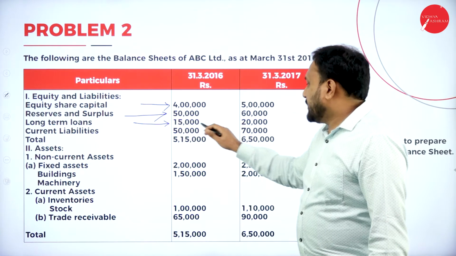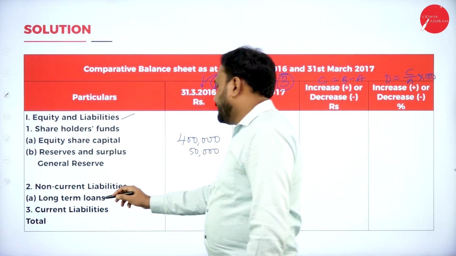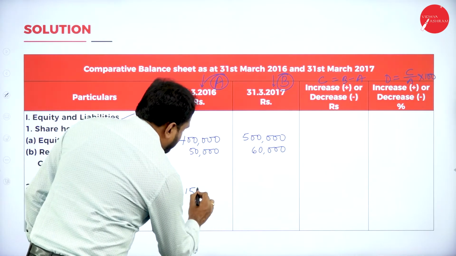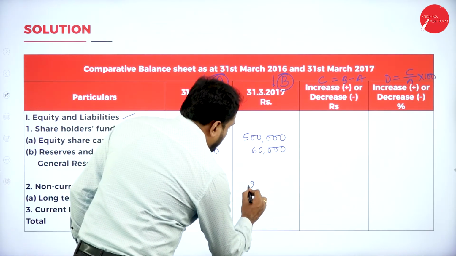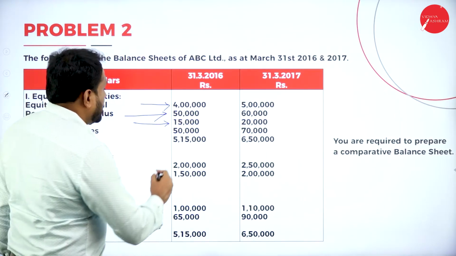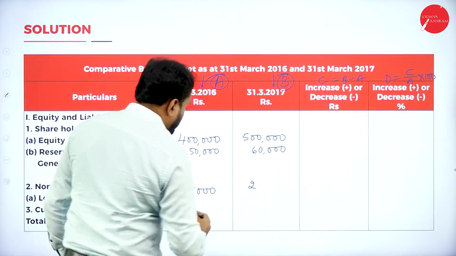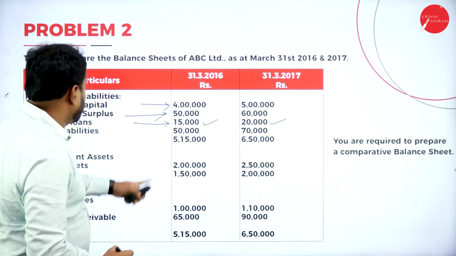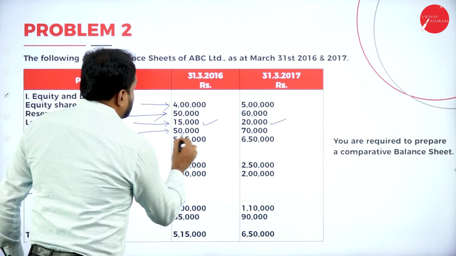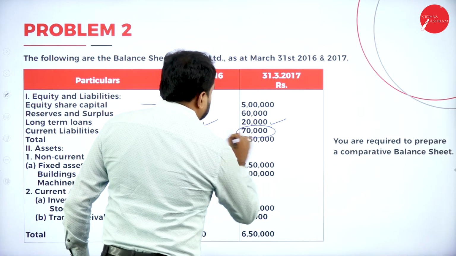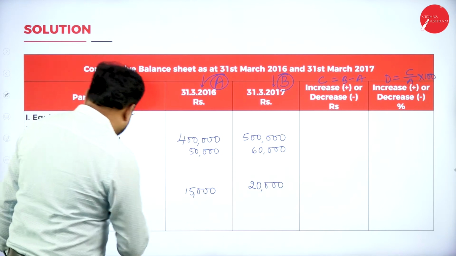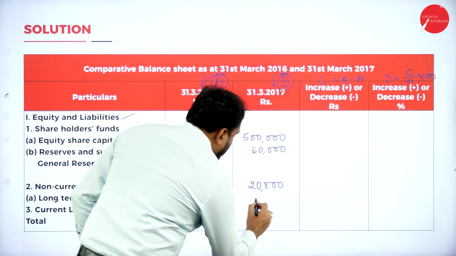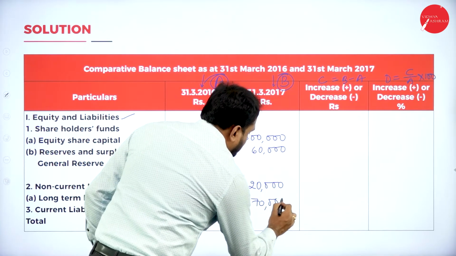So we'll write 15,000 and 20,000. Next, current liabilities is how much? 50,000 and 70,000. Done.